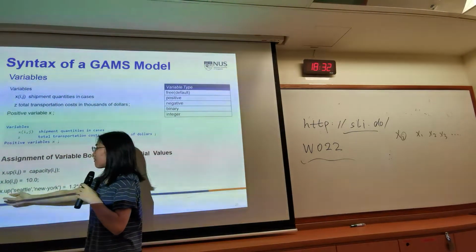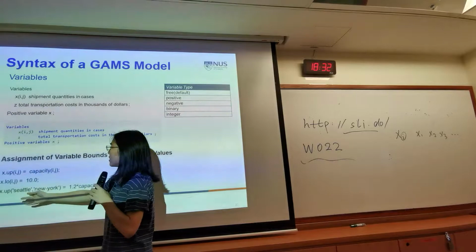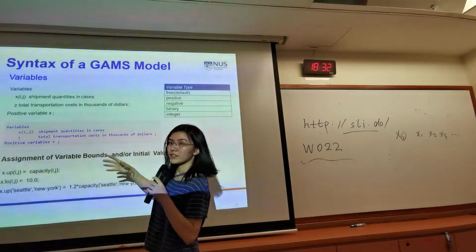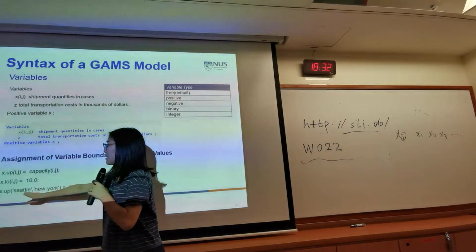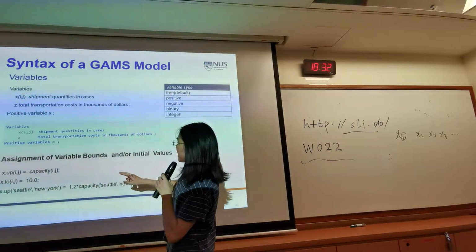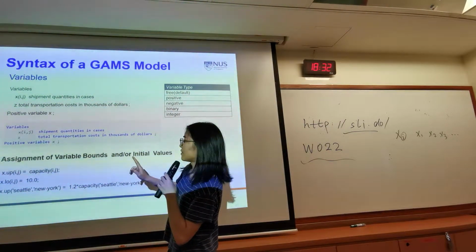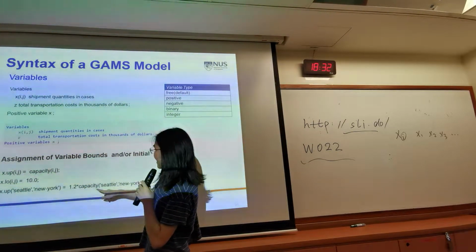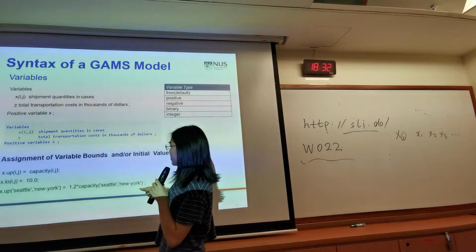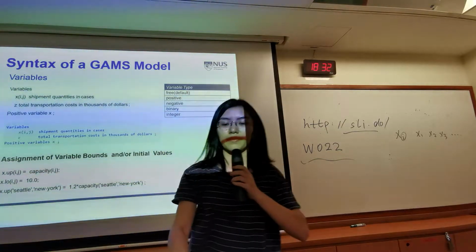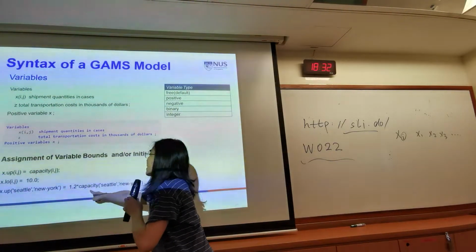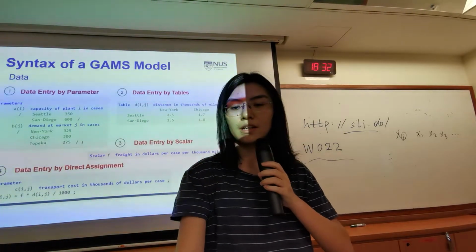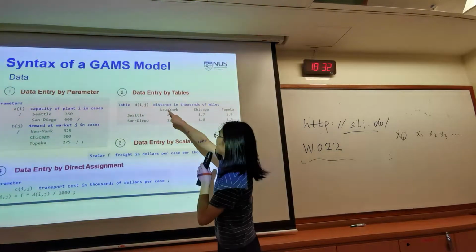The upper bound of this variable calls the exact value in this variable, and it should be equal to this one. For example, this one, capacity Seattle, New York, is here.